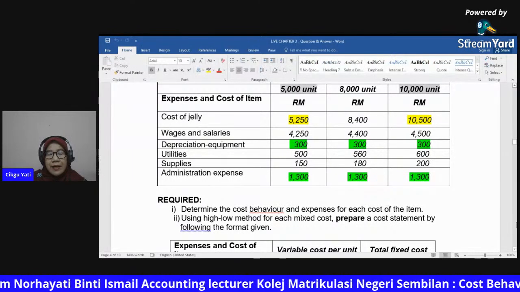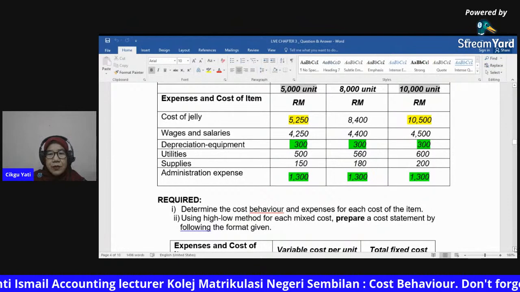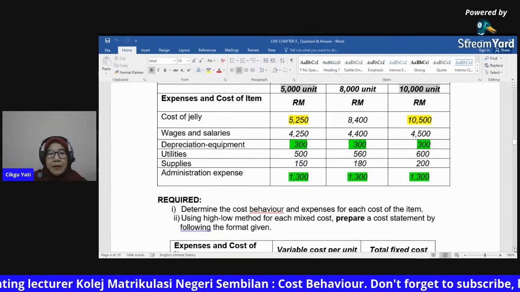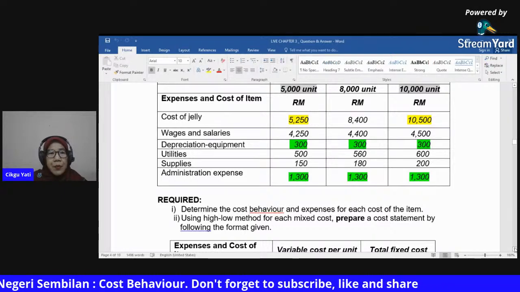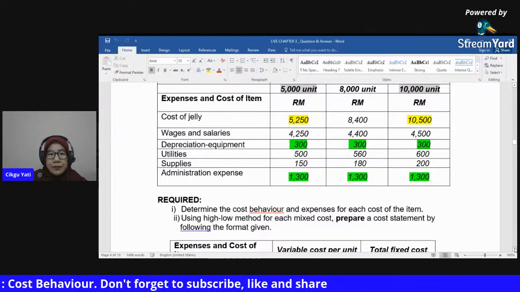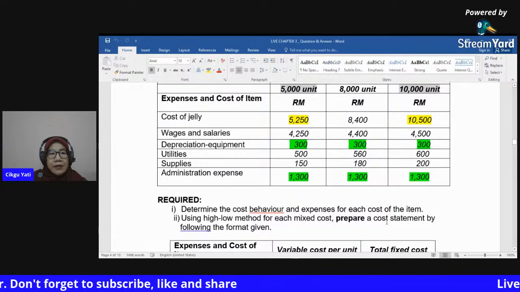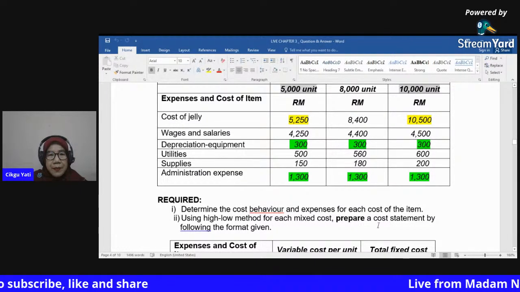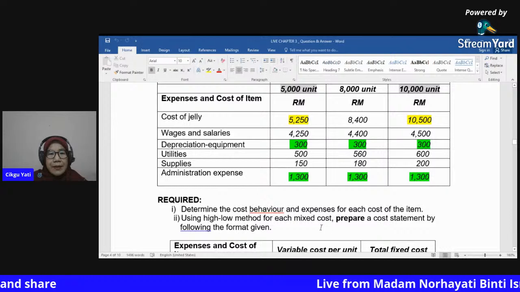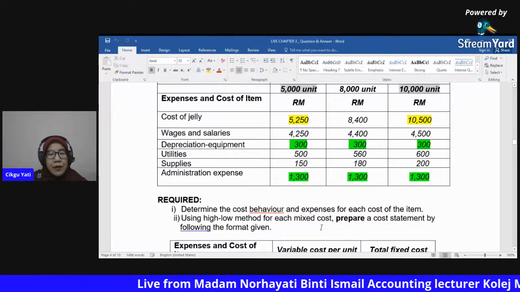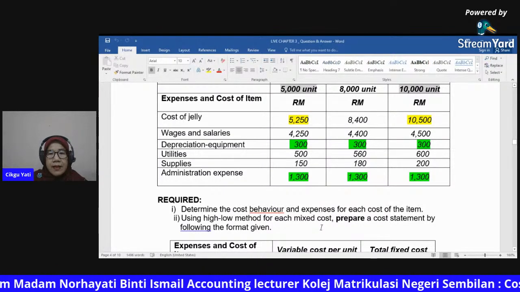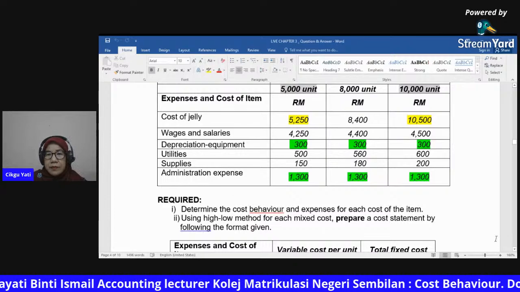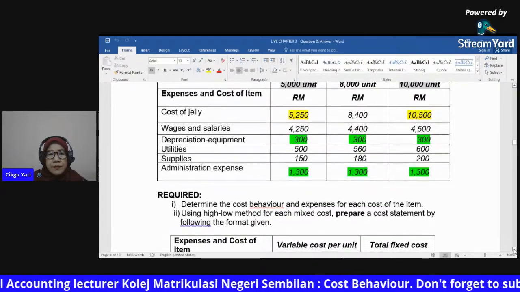You can apply the high-low method to calculate variable cost for mixed cost. But for fixed cost, you don't have to calculate anymore. So you are required to determine cost behavior, and then using the high-low method, classify mixed cost, and then segregate mixed cost into fixed cost and variable cost.